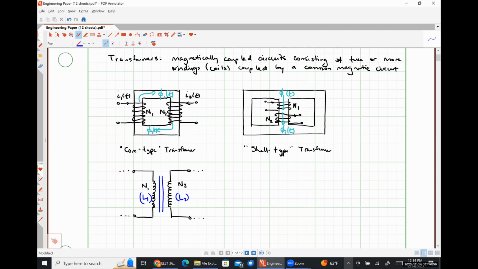Typically, one winding is connected to an AC supply, and the other is connected to an electrical load. The winding that is connected to the AC supply is commonly referred to as the primary winding. So I'm going to put that down over here. Primary winding, connected to the source side of a circuit.